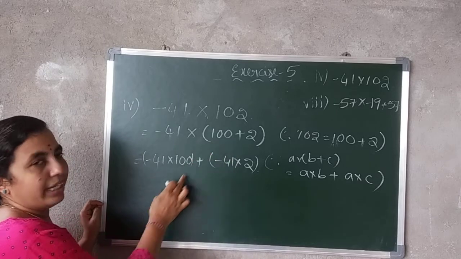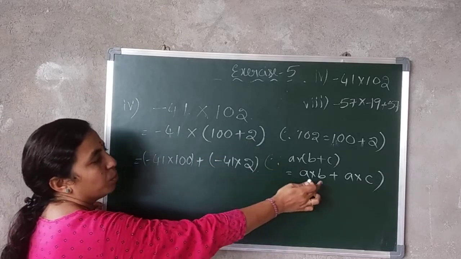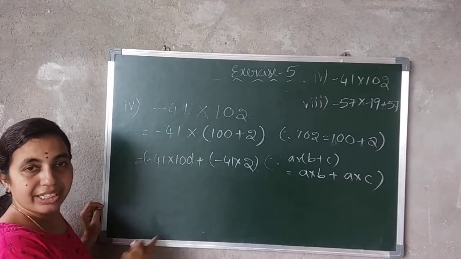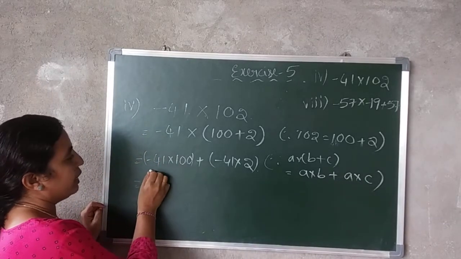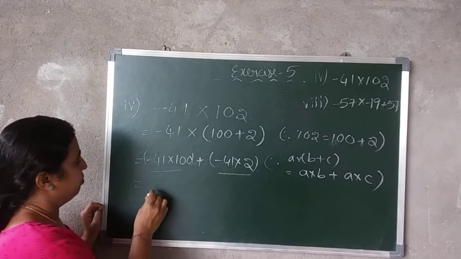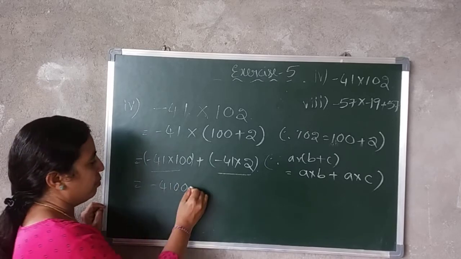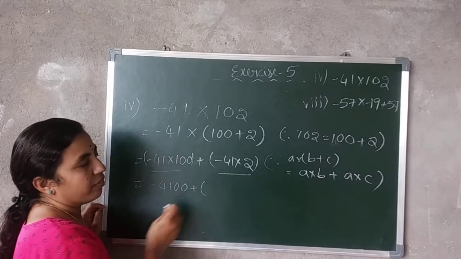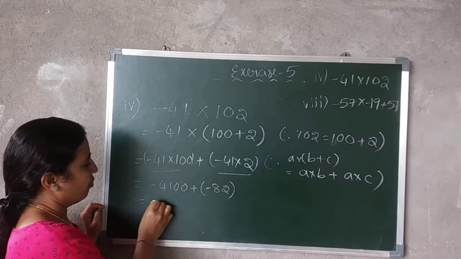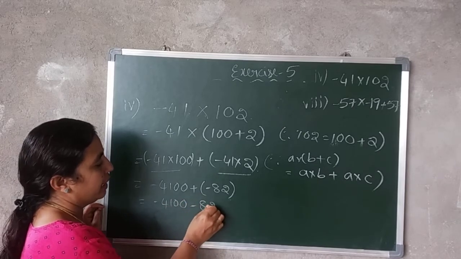Now multiply these two separately. Minus 41 into 100 is minus 4100, and minus 41 into 2 is minus 82.